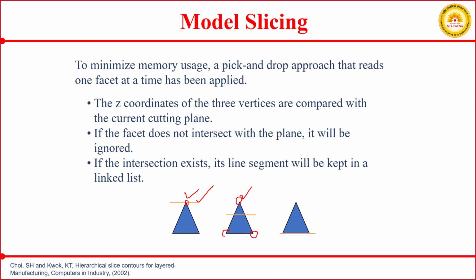Okay, so like here, what is the position of your slicing plane? It is here. Then the third case may be your slicing plane may pass through two vertices, like vertex 2 and vertex 3, and it is not passing through vertex 1. It is obvious.